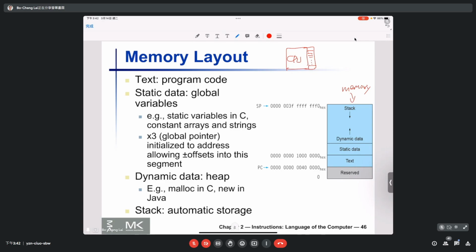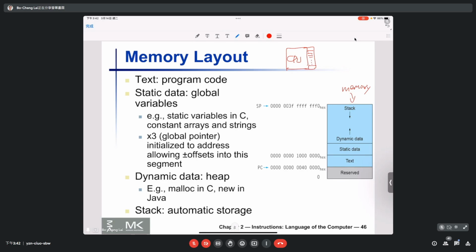So that gray area is a reserved area, and on top of it is called text. Text is a region of the memory that stores your program code, the code you write. And on top of it is your static data.